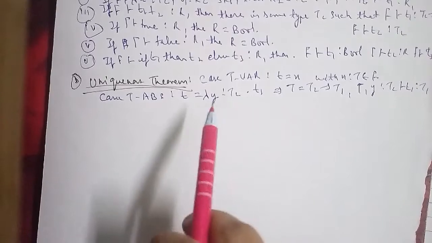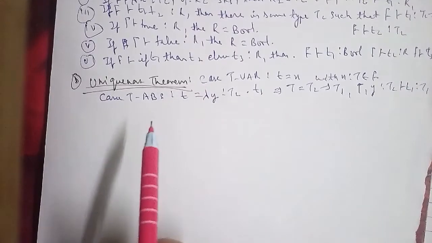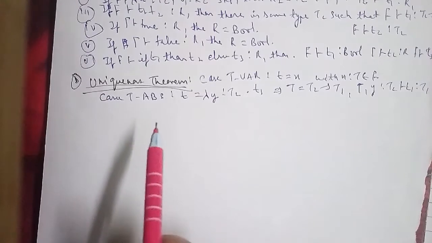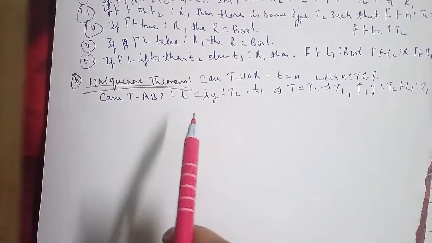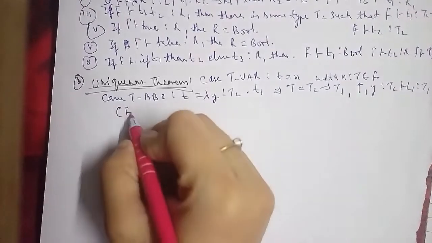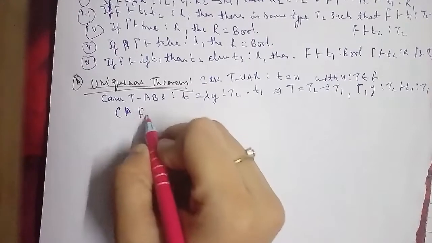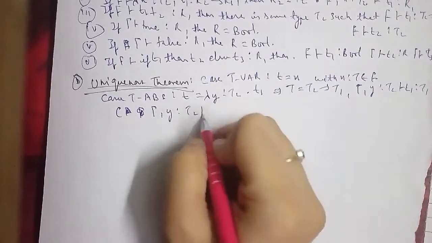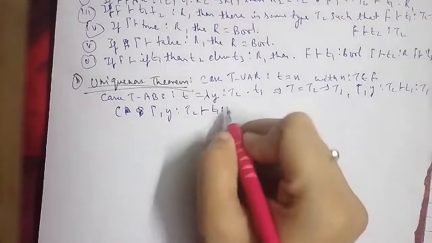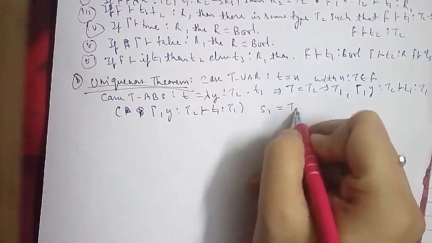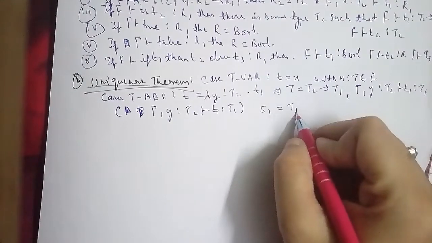And in the same case, by the induction hypothesis, the subderivation with the conclusion Γ, y:T2 ⊢ t1 : T1 here, and we can obtain S1 equals T1, from which S equals T is immediate here.